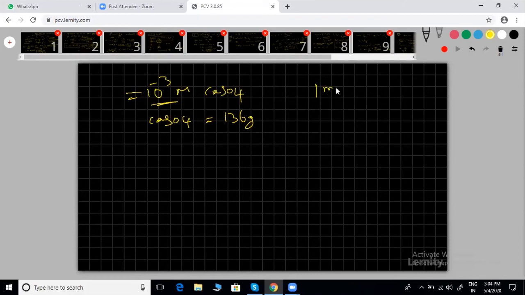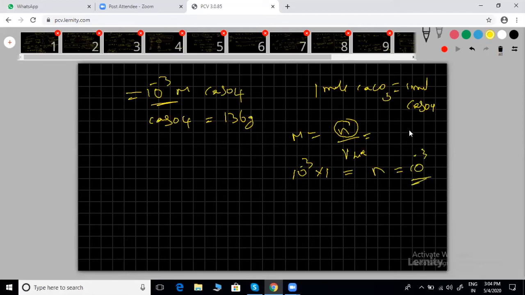I know that 1 mole CaCO3 equals 1 mole CaSO4. Here 10 power minus 3 M means molarity equals n by V in liters. I need to find the number of moles. M equals 10 power minus 3, V is 1 liter, so n equals 10 power minus 3 moles. 10 power minus 3 moles of CaSO4 equals 10 power minus 3 moles of calcium carbonate.